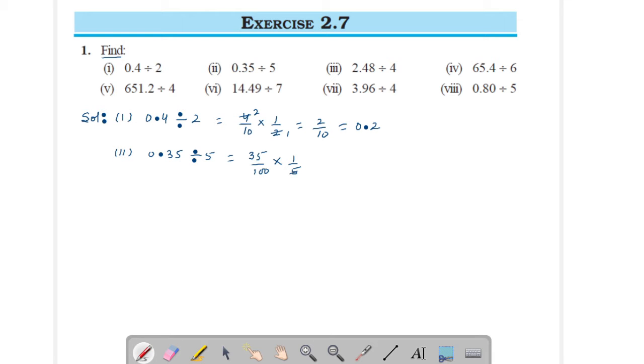This can be cancelled by 5. 5 1 ja 5, 5 7 ja. So 7 into 1, it is 7 upon 100. Put decimal, you will get 0.07. This is your answer. Then come to third part.